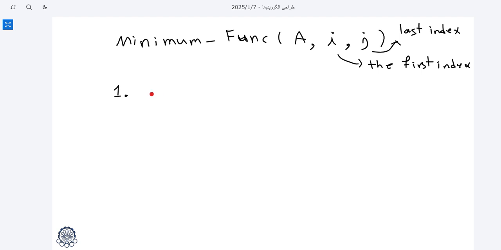So we set a variable, for example, q, to I plus j divided by 2, and then we take its floor. This is the middle index of the array. Okay. For the first step of the method, we just need to compute the middle index.